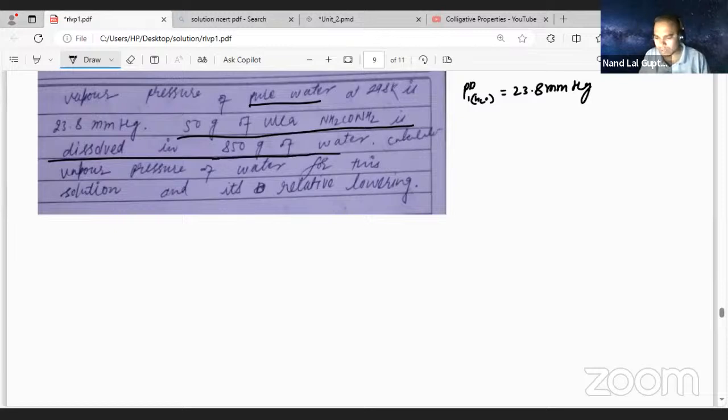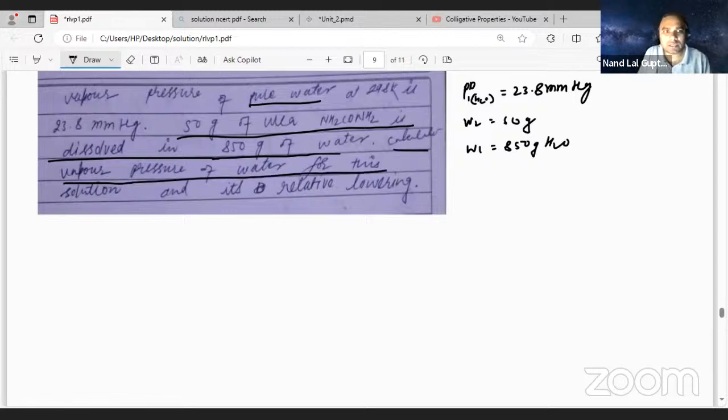So W2 is 50 gram, and W1 is 850 gram of water. Calculate the vapor pressure of water for this solution.